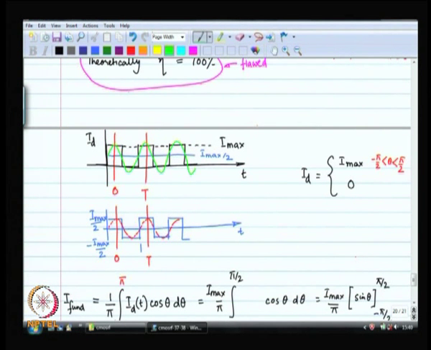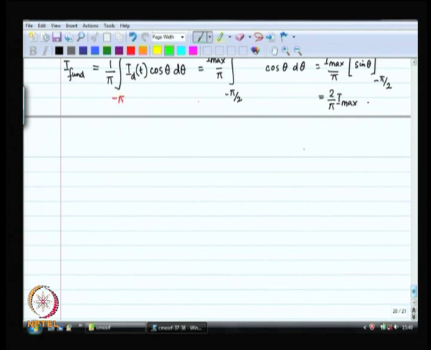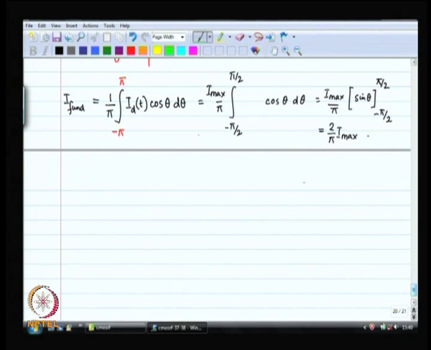Okay. So, this fundamental component is not going to go into the tank, because the tank looks like infinite resistance at the chosen frequency. So, therefore, it is only going to be delivered to the load, which means that the power delivered to the load is the amplitude of the fundamental squared by 2 times r, right.